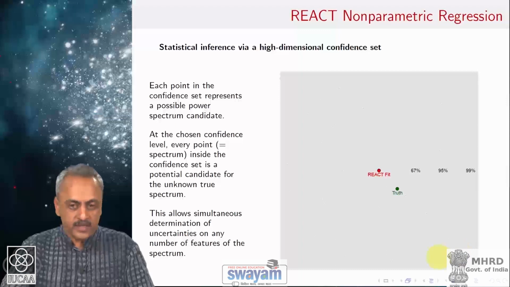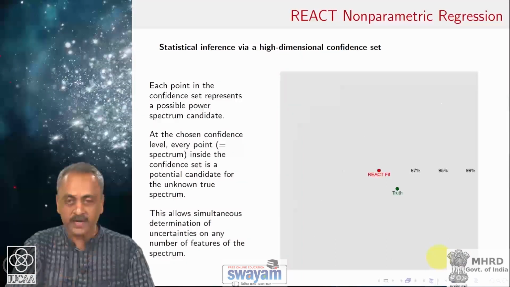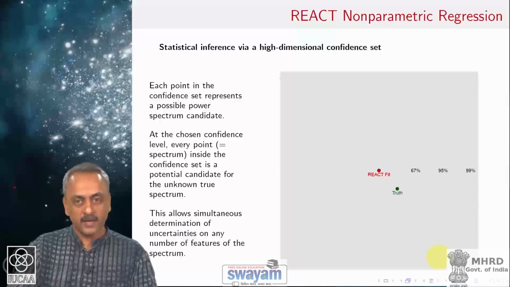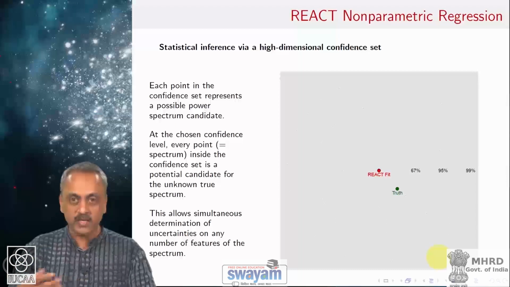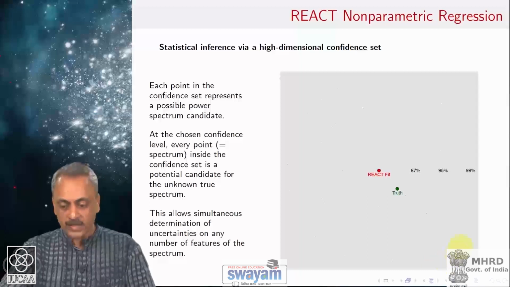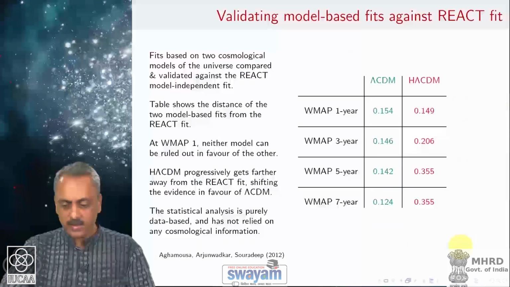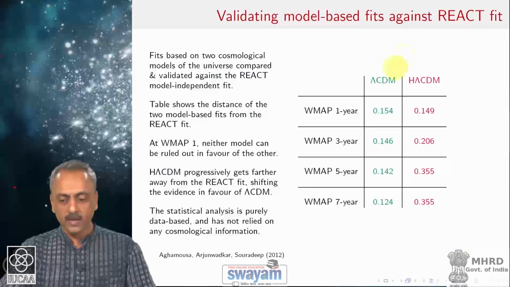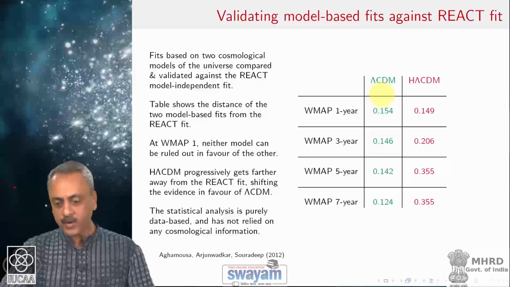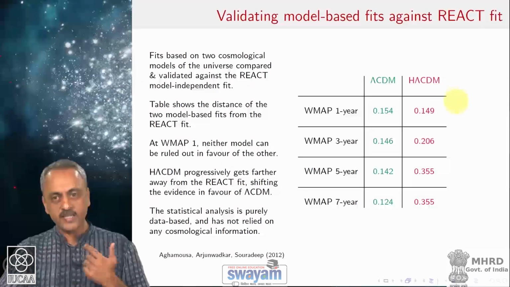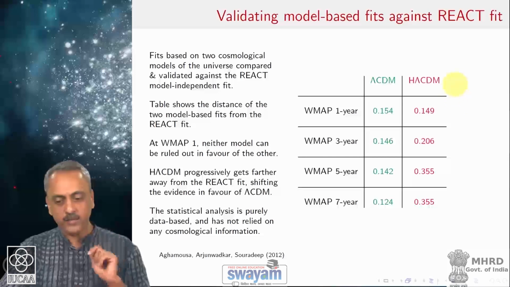Of course, cosmologists will say that we know the physics pretty well, we do not need this kind of insight, but nevertheless this method provides an independent corroboration of the cosmological knowledge. That is the point here. So, we did this interesting experiment, where we took the standard lambda CDM model and compared it with the power spectral fits coming from a variant of the lambda CDM model, which has a small fraction of neutrinos in it.